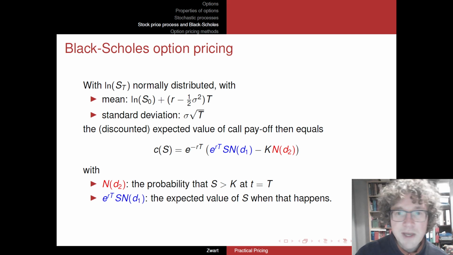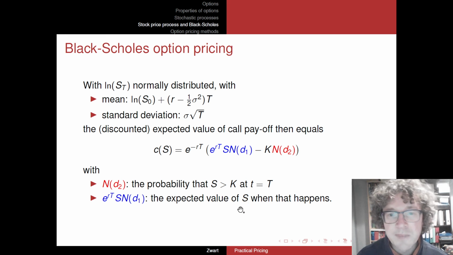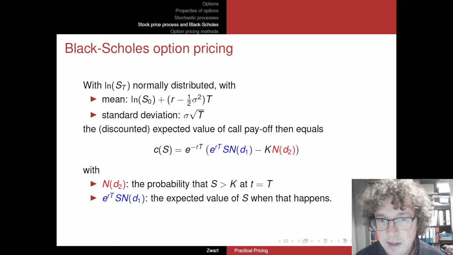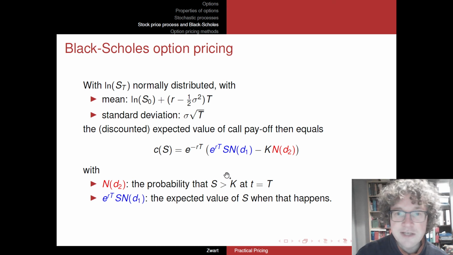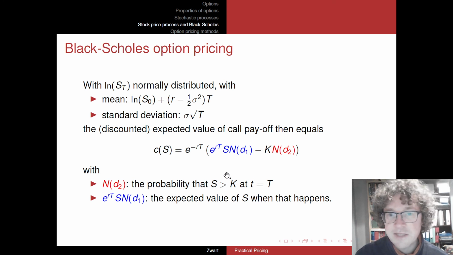So what's then the blue bit? The blue bit is the expected value of S itself, the stock price at that moment, provided that the stock price is going to be bigger than K. So what you see here is the expected value of S minus K, provided that S minus K is bigger than 0, which is what we had on the previous slide.